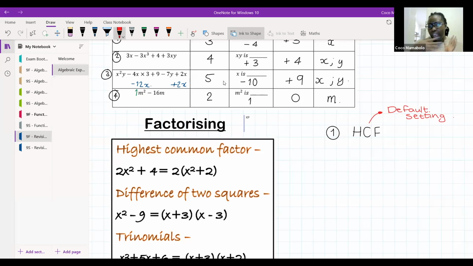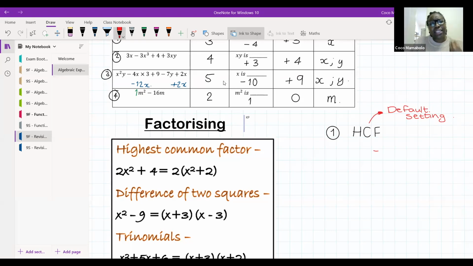You just bought a new phone and there's nothing in it. Our default setting means the way the phone comes. It basically means what the first thing your phone looks like. It's the first thing that we do.